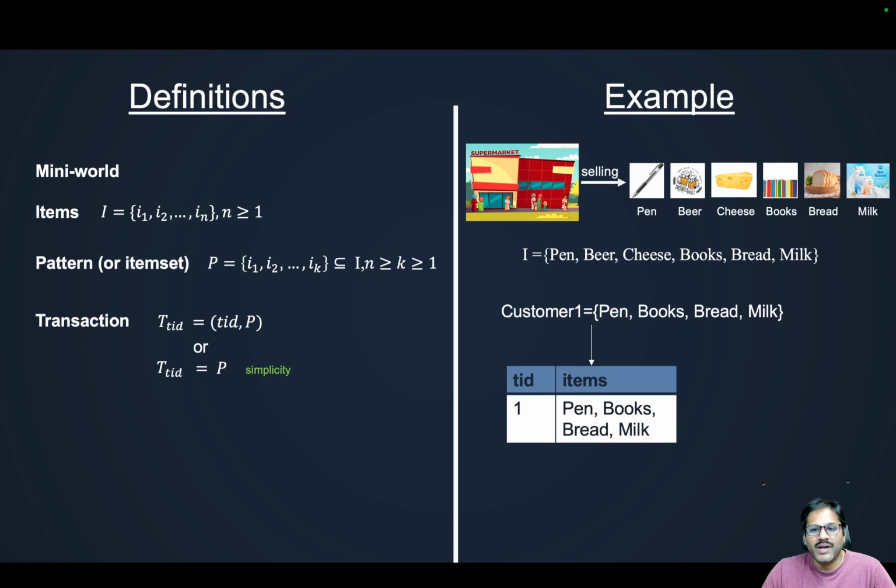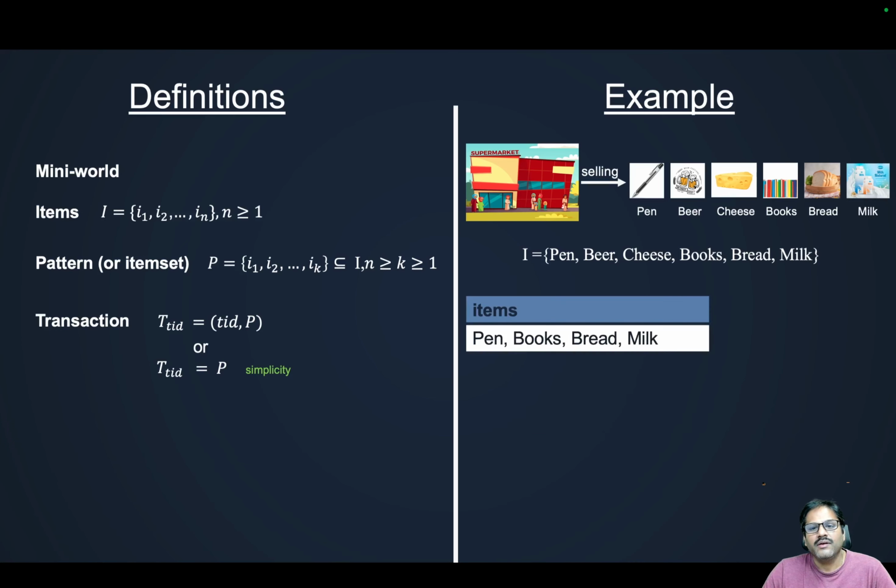Since row number by default indicates the transaction identifier, we can simply remove this information for reducing the computational requirements. A transactional database is basically a collection of transactions.